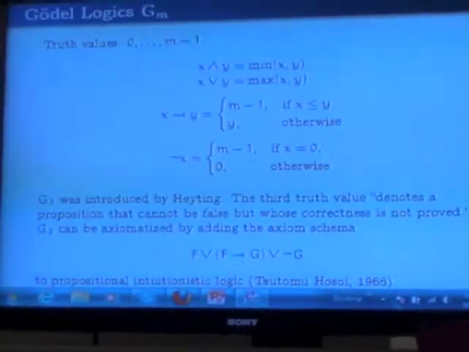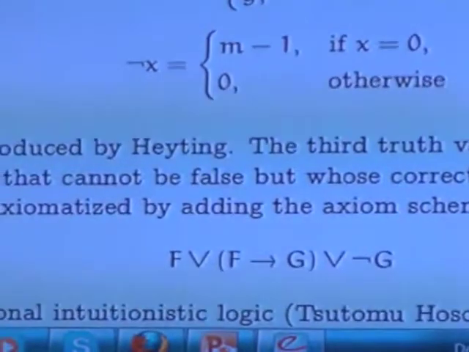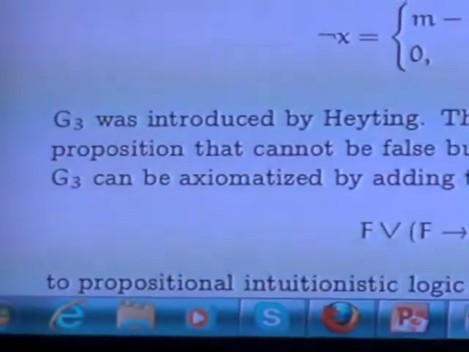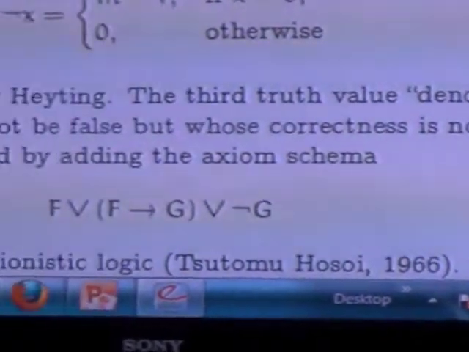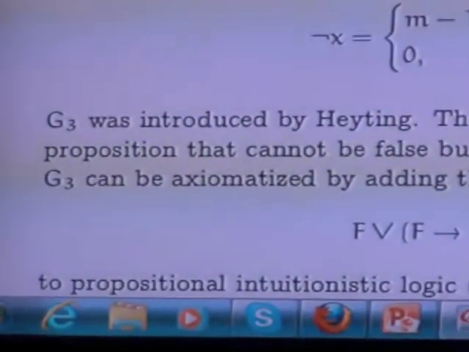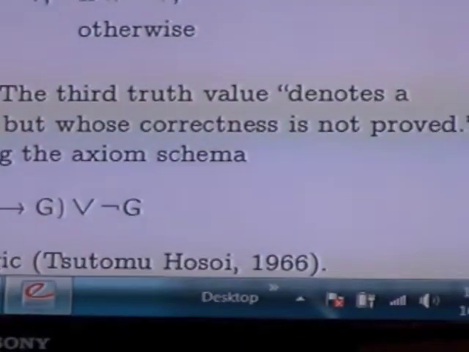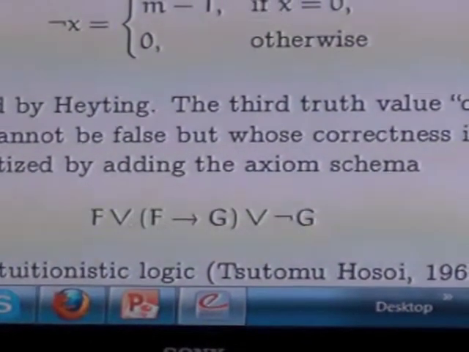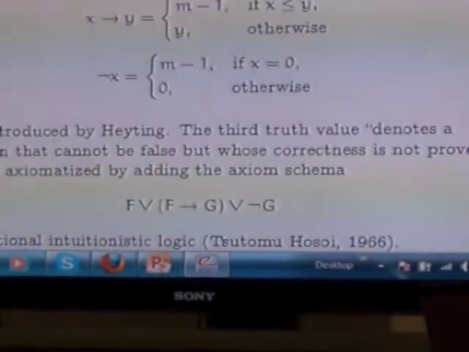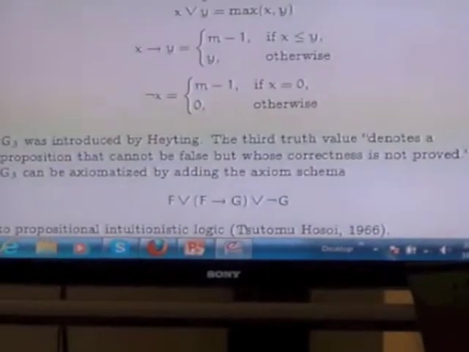He gave these truth tables for what is now called G3. And he showed that this three-valued logic satisfies all postulates of intuitionistic logic, but the law of excluded middle is not true, so that was his argument. And he commented on this third truth value, which is 1 in this expression. He said that intuitively it denotes a proposition that cannot be false, but whose correctness is not proved.